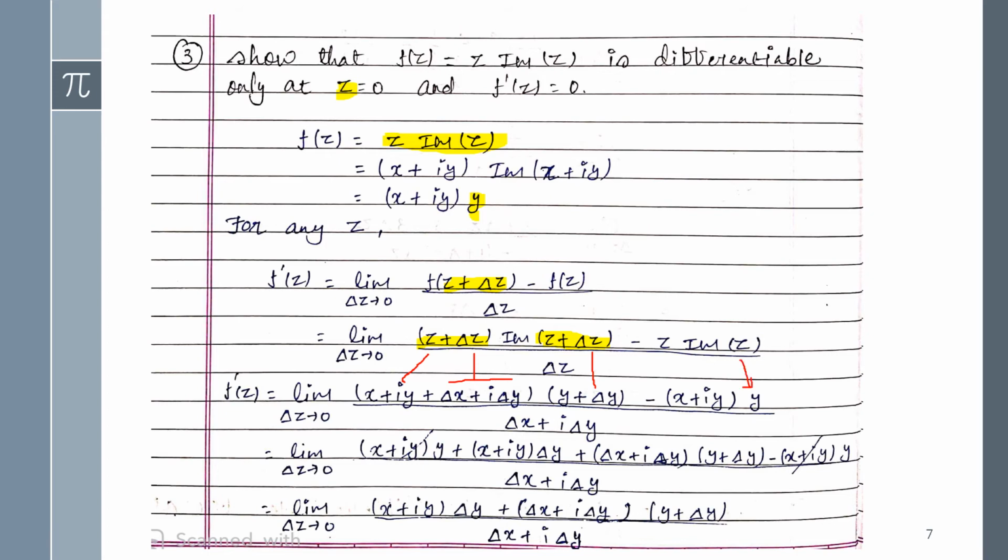So hope you are getting it, guys. Now delta z, that is delta x plus i delta y. Now we have to just open the brackets. So I am opening the brackets, guys. See, x plus iy I am writing together. This x plus iy I am writing together. So x plus iy into the y. Now its multiplication with this. Now the x plus iy multiplied by delta y, that is this one.